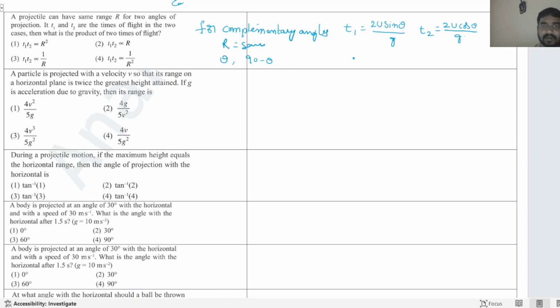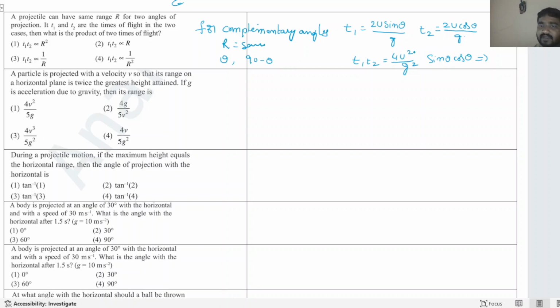Therefore, if you take the product, T1 into T2, you get 4u square divided by g square times sine theta cos theta.